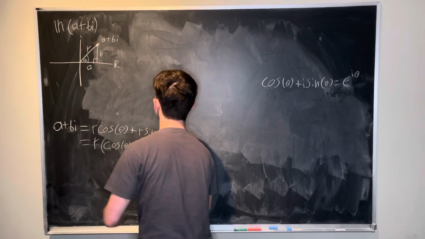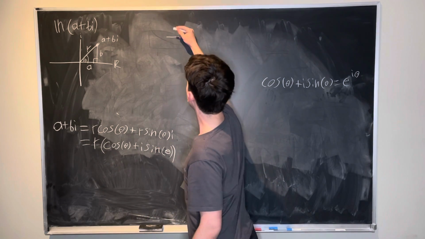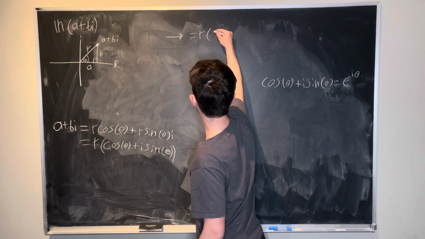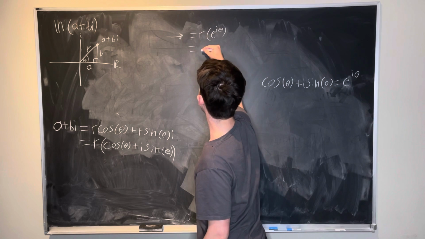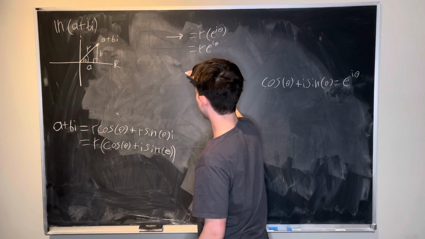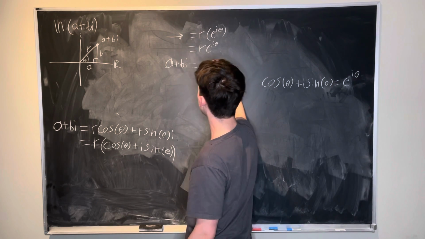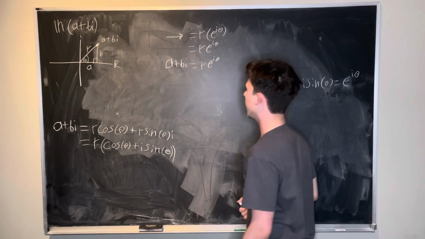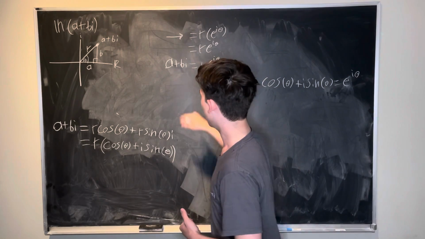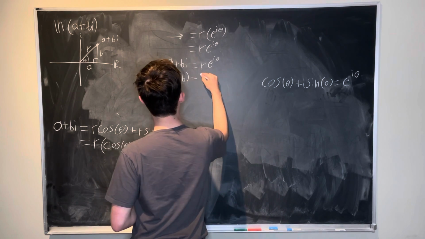So this is nothing but r times e to the i theta. So we get that a plus bi, this complex number, can be rewritten as r e to the i theta. So now we have it expressed in terms of r and theta, and you might be wondering to yourself, why are we doing this? Well, if this is true, then this must also be true.